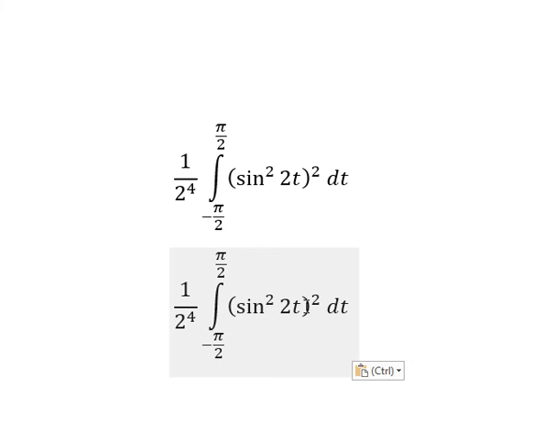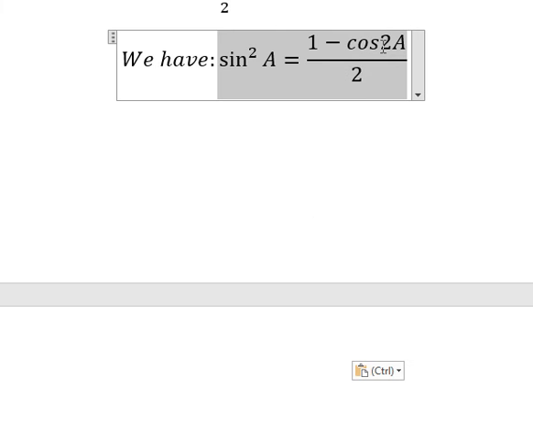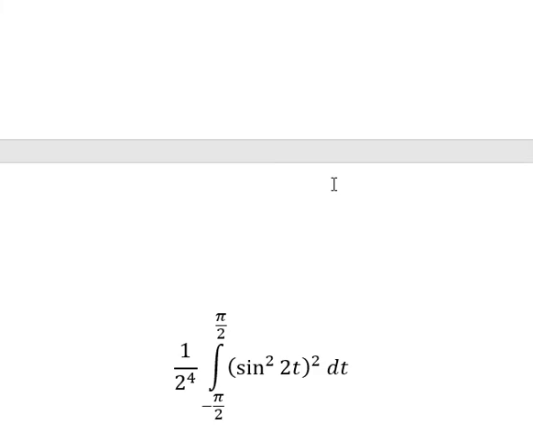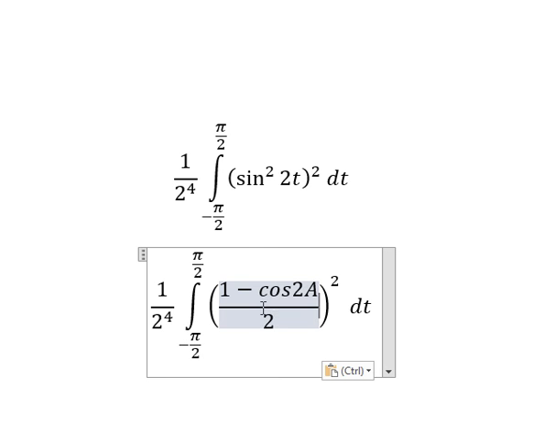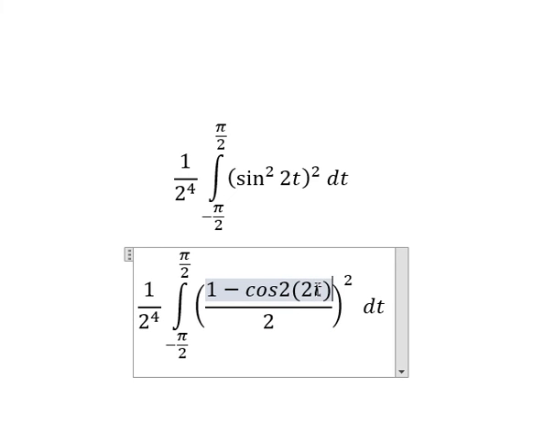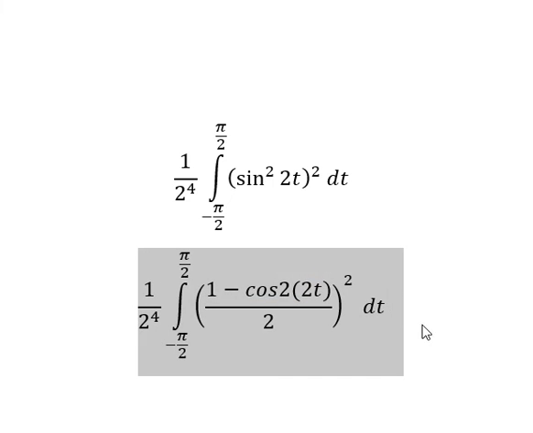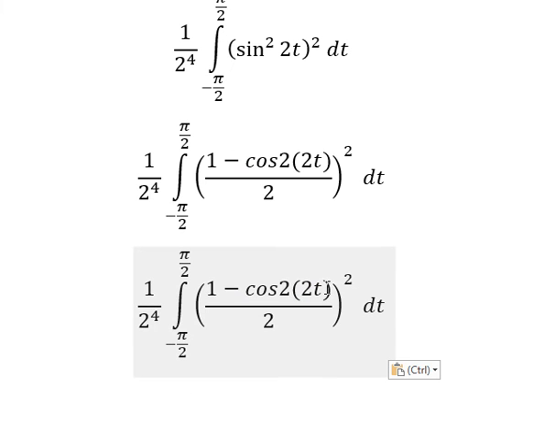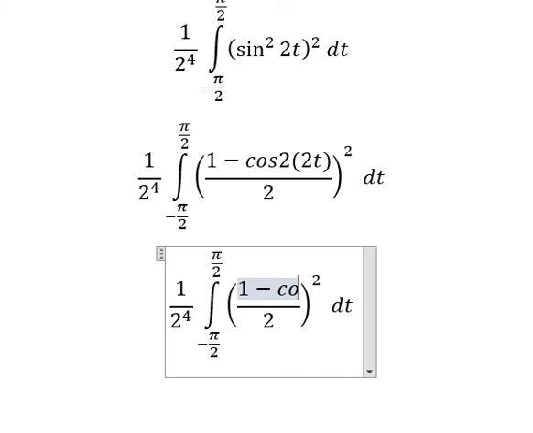So we change this one into this one in here. And a is 2t. This is cosine 4t.